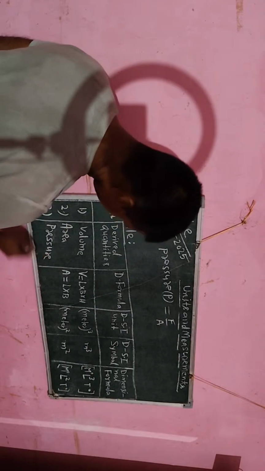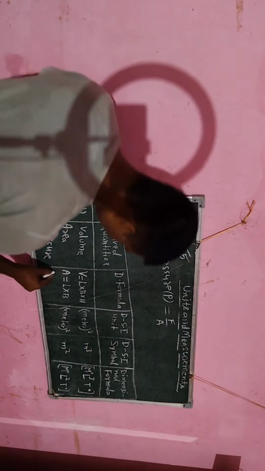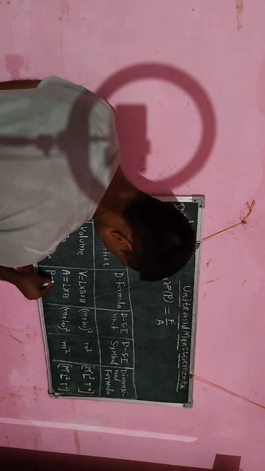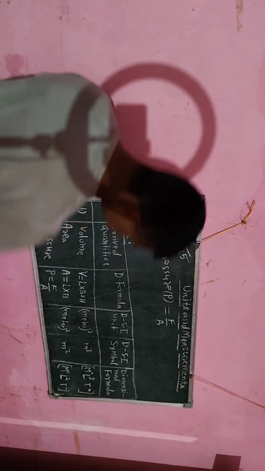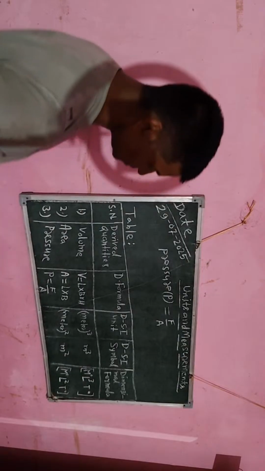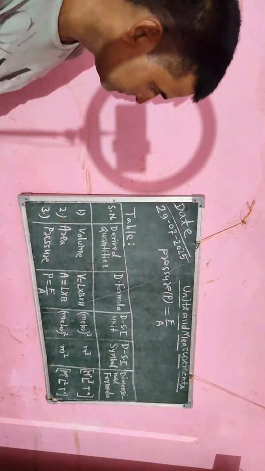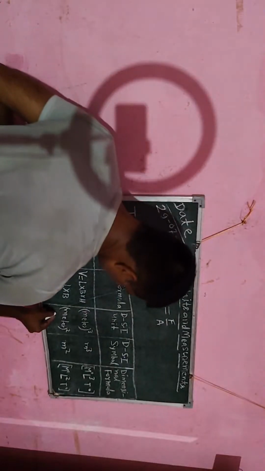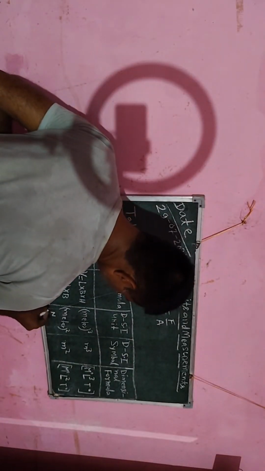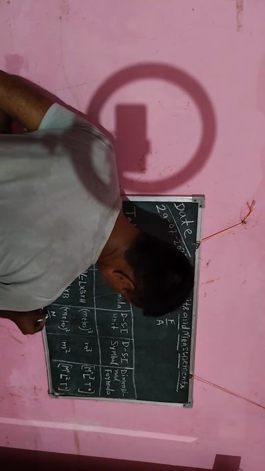Now it has the formula P is equal to F divided by A. F stands for force and A stands for area. Now its SI unit I will write here. F is written as Newton, divided by meter square.